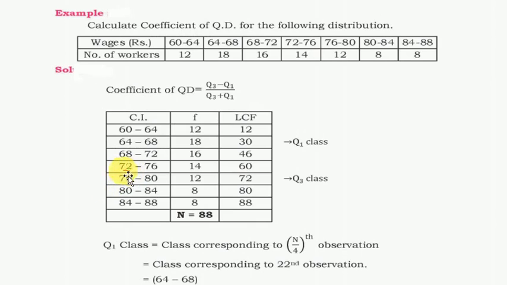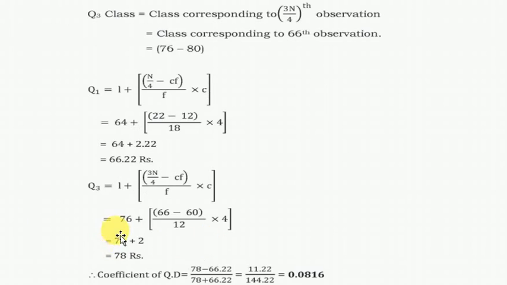That particular class interval is 4, that is, we need to understand. So that is 76 plus 66 minus 60 divided by 12, into 4, we're going to have 2, equals 78. So in between 76 to 80, exactly Q3 is 78.